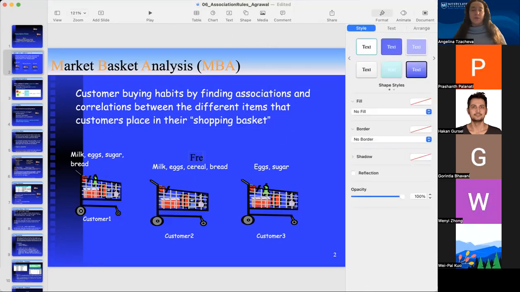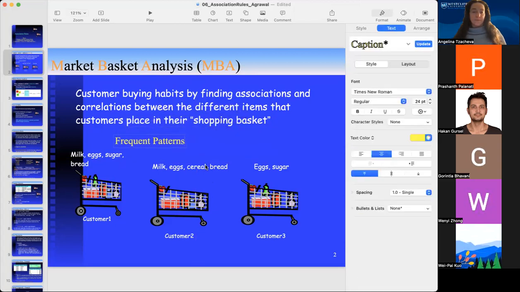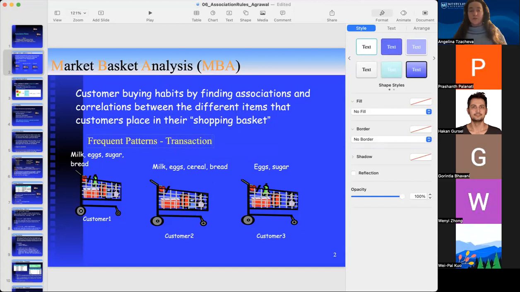So we search for frequent patterns. That is, a transaction that occurs or repeats many times in our database.